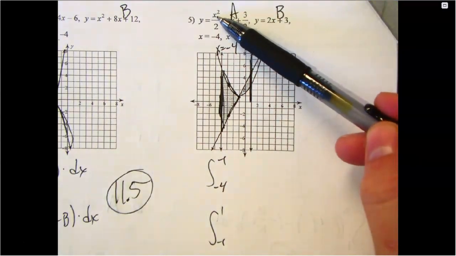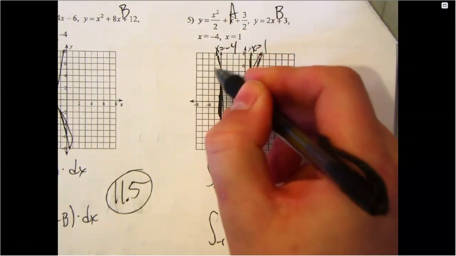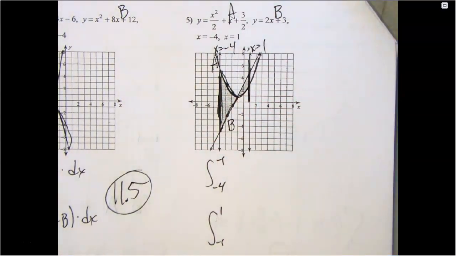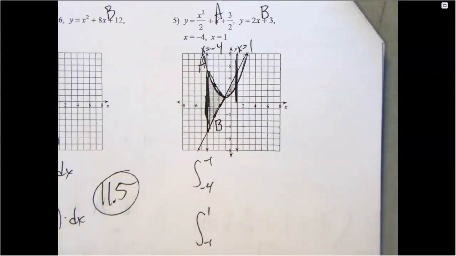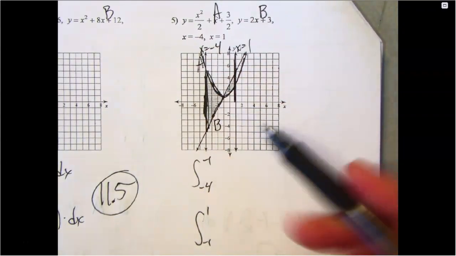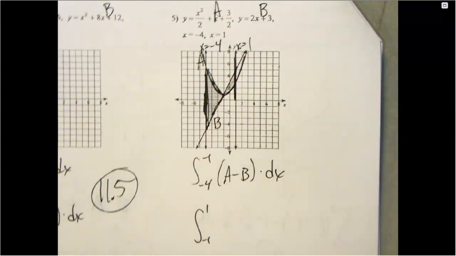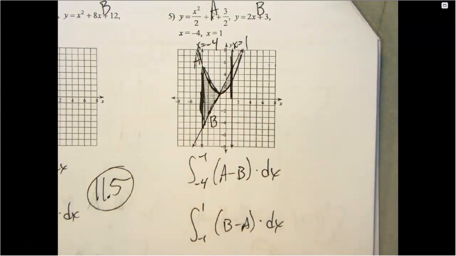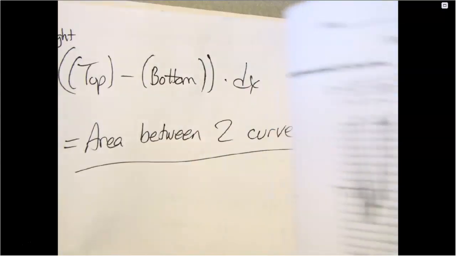So this one's the parabola. So the parabola must be this one. And then 2x plus 3 is a line, so it's going to be this one. So between -4 and -1, A is on top, and B is on the bottom. And then it flips.